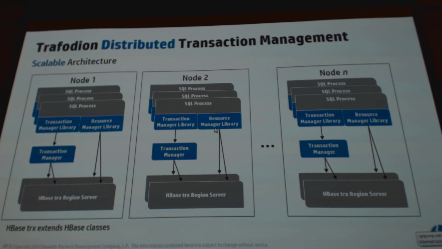There's one transaction manager per node, and it coordinates with the other transaction managers that are running across the cluster, and essentially works with the region servers across the cluster. So the initiating transaction, whatever node initiates it, that's the transaction manager it talks to, and from then on, that transaction manager manages that particular transaction, regardless of which other region starts participating in that transaction.